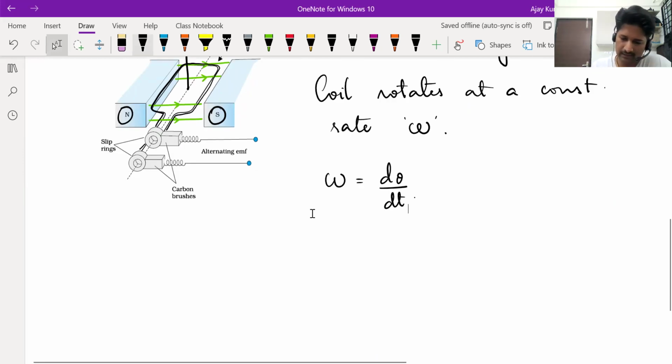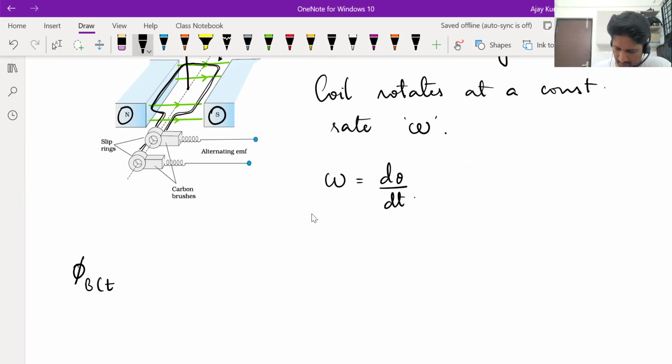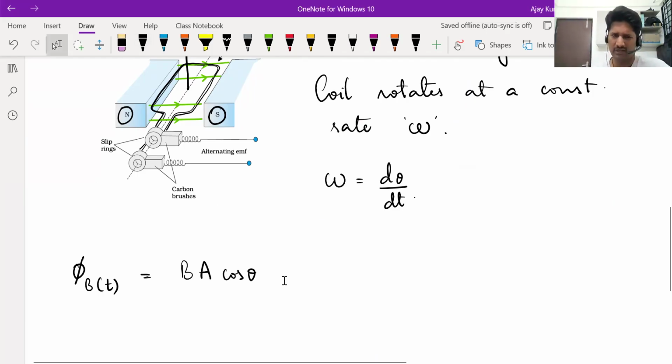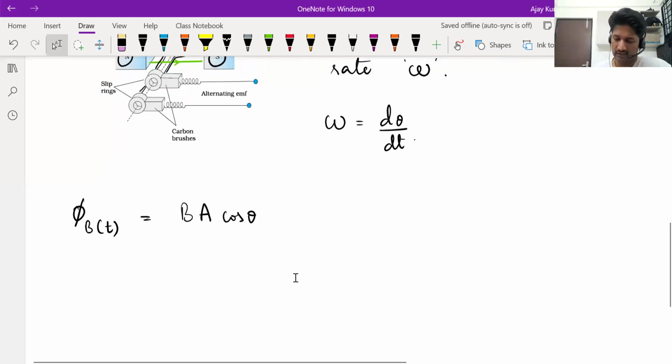Now the flux through this coil at any time is B dot A, which is B A cos theta. Now theta is a variable here because the coil is rotating with some angular velocity. If theta is a variable, flux becomes a variable.